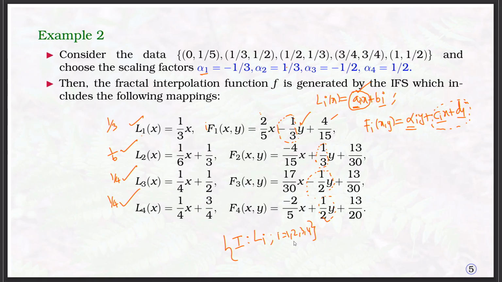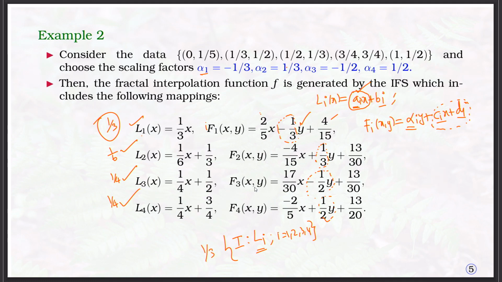Then what is the contraction factor of this iterated function system? We need to take the maximum among all the contraction factors. Here the maximum of all these numbers is 1 by 3. So the contraction factor of this iterated function system is 1 by 3.